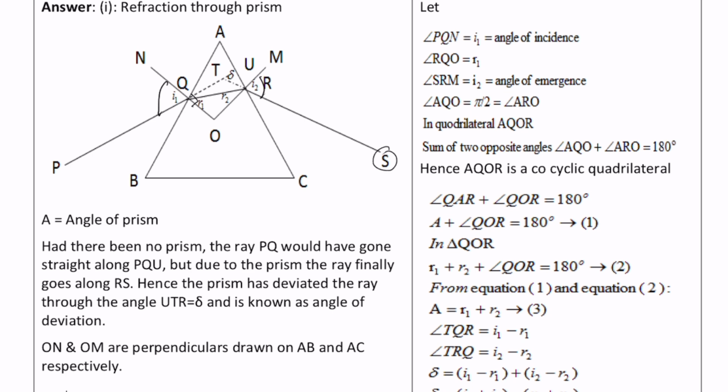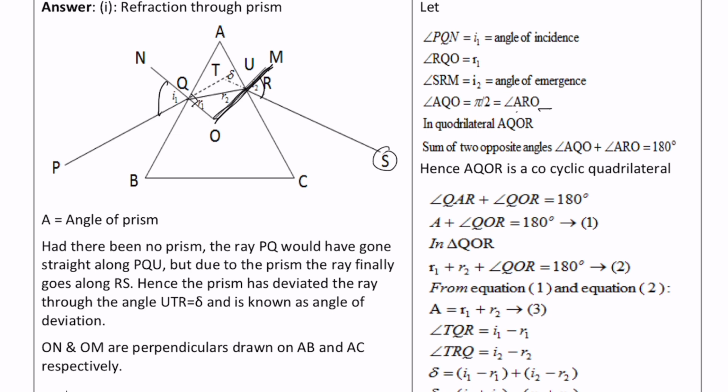And ARO is also the normal drawn to the outer edge AC. This is also 90 degrees. We have to draw the normal on the surface to find the angle of incidence and the angle of emergence, correct?